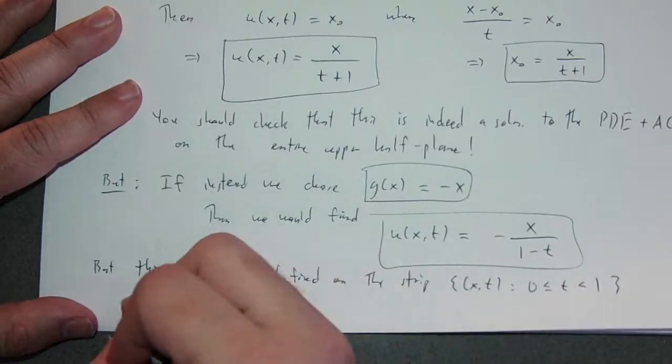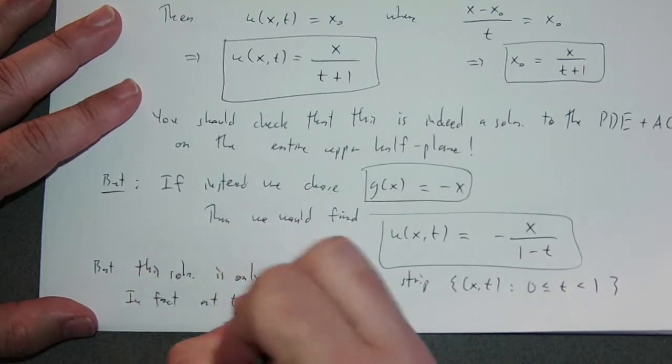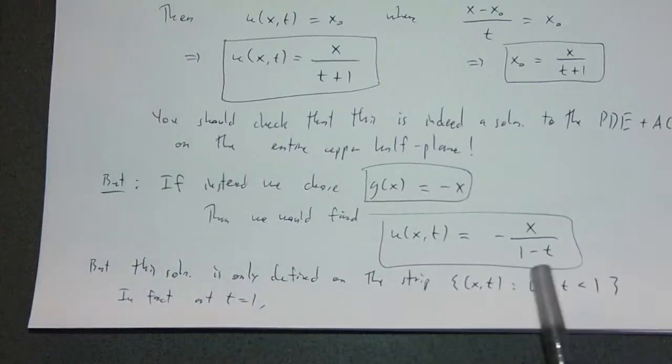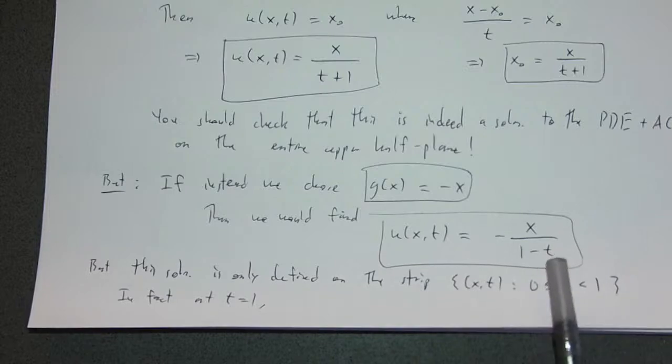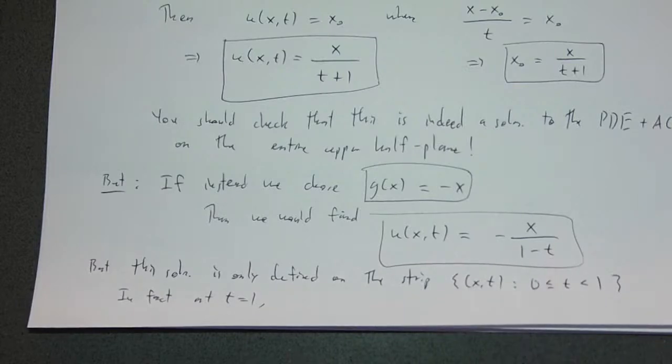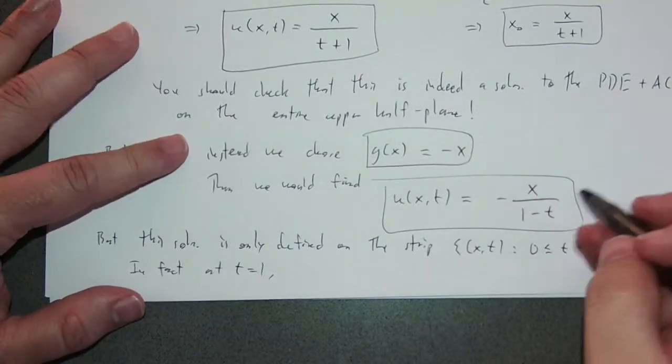In fact, at t equals 1, what do you think happens here? Well, you could say this thing blows up, right? At t equals 1, it's not defined. What happens? The characteristics collide and a shock discontinuity develops.